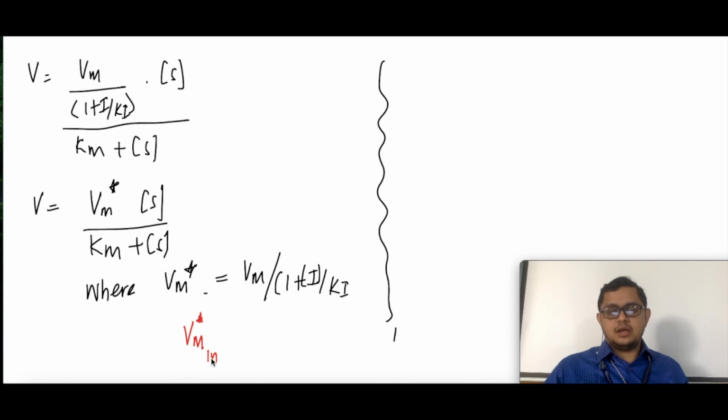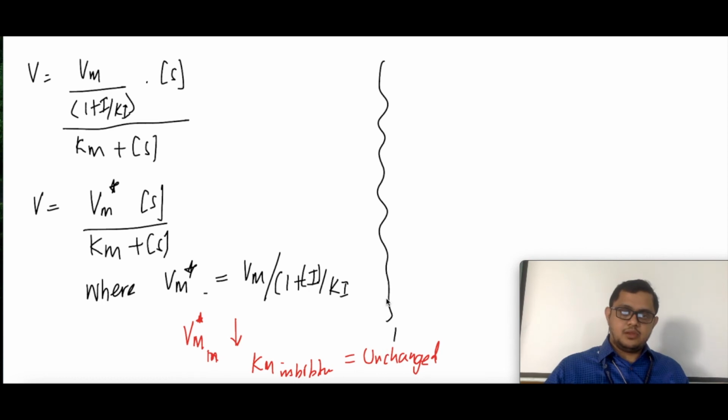So the Vm star is actually decreased when compared to the Vm by the fold of 1 plus I by Ki, whereas Km of the inhibitor reaction is unchanged compared with the normal reaction. So, let me see how this looks in an LB plot.